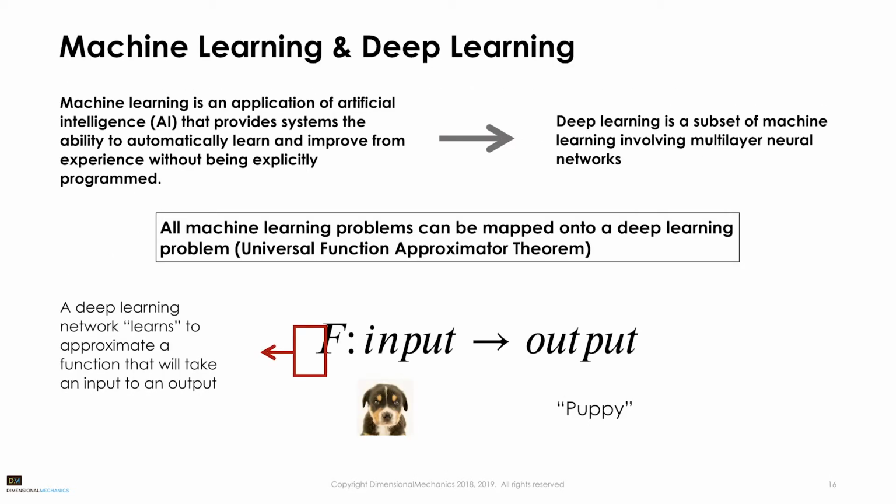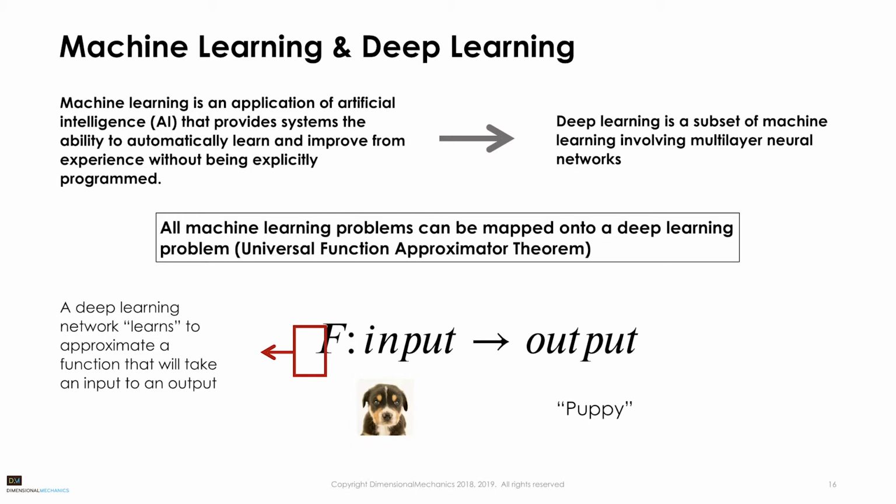One of the other things: although deep learning is considered a subset of machine learning, it's actually the other way around. The reason for that is there's something called the universal function approximator theorem that has actually been proved. What it says is that any machine learning problem can be approximated by a deep learning problem.